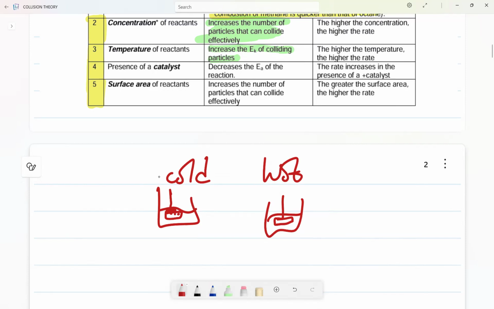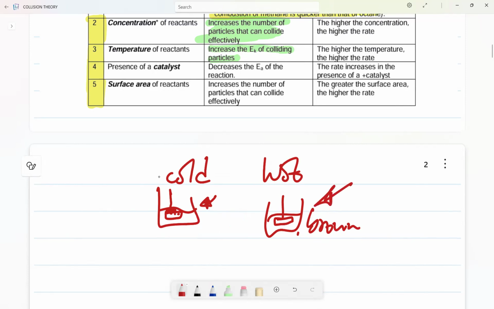And then the tea bag will eventually become brown fast, faster. But here it will become brown, but after a certain amount of time. So this is what we refer to as the higher reaction rate.